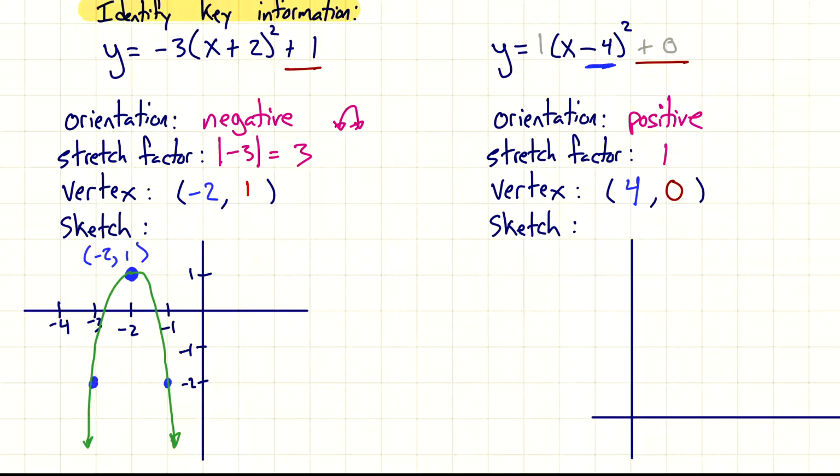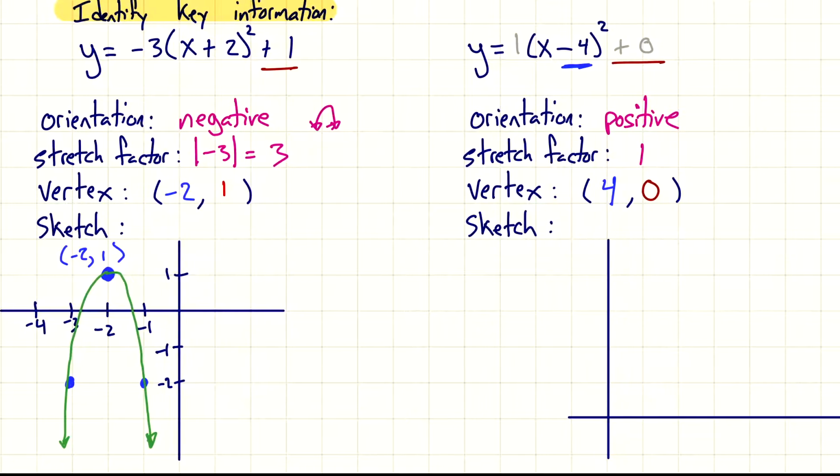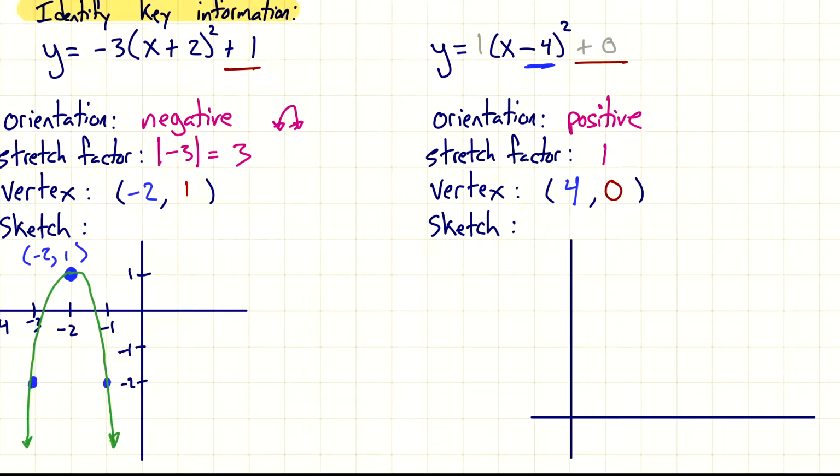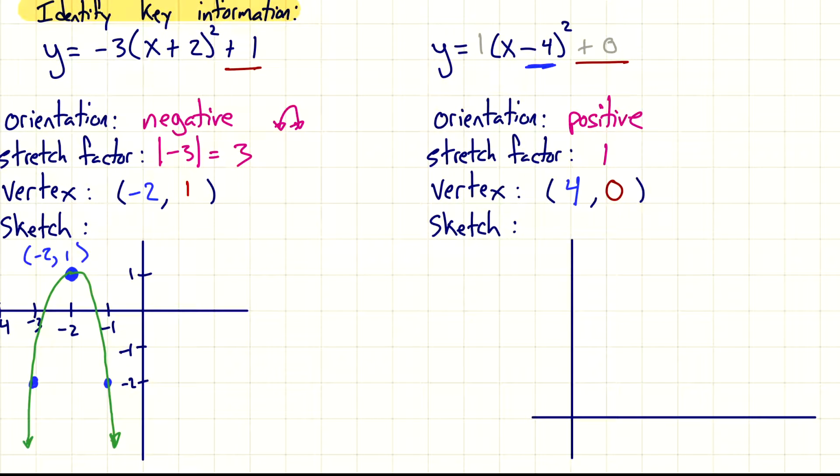All right, now we have an idea where our vertex is, and we can plot that point. So we're at 4, 0. 1, 2, 3, 4, 0. This is 4, 0. All right, so that means our vertex, this is the first one we've seen where it's actually on the x-axis.